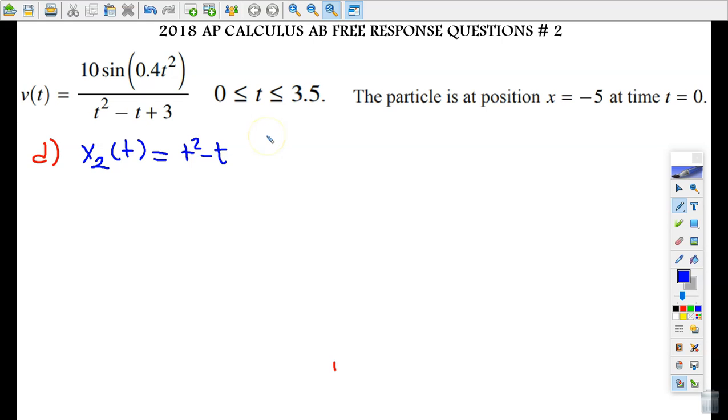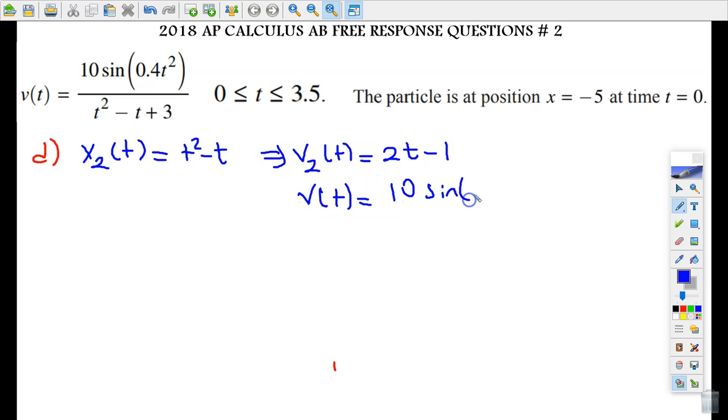If I want to tackle this problem, first I need to figure out the velocity of the second particle. The velocity of the second particle is going to be equal to, if I take the derivative, 2t minus 1. We also know the first velocity, which is this function, 10 times sine of 0.4 t squared divided by t squared minus t plus 3.